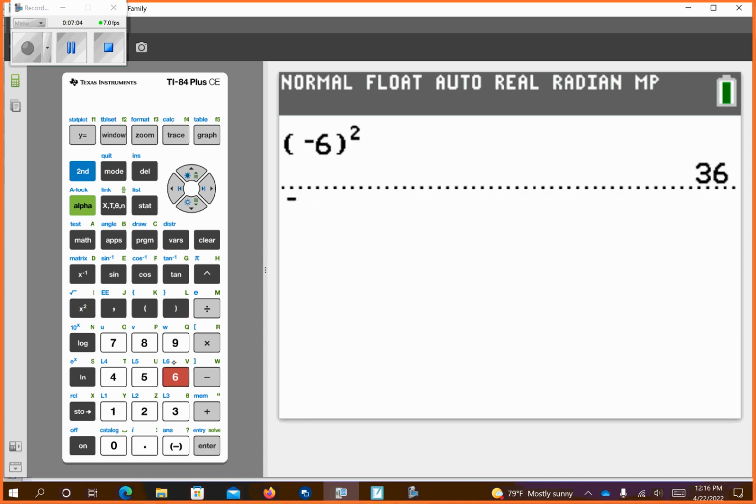But if 6 is negative and it's not grouped, take a look at the answer. It's negative. So that's the reason that underneath the quadratic, when we had b squared, I said it's always positive, because that's a big time error that people make.